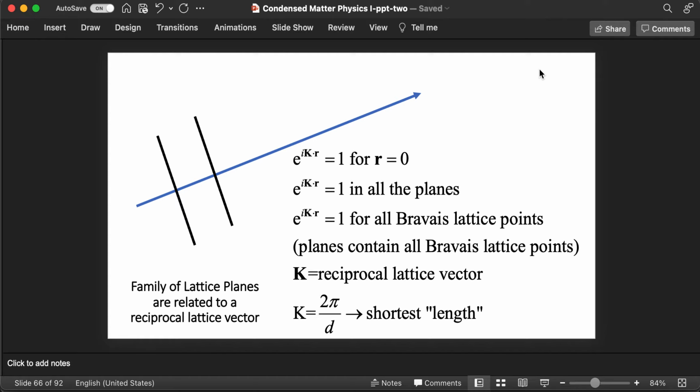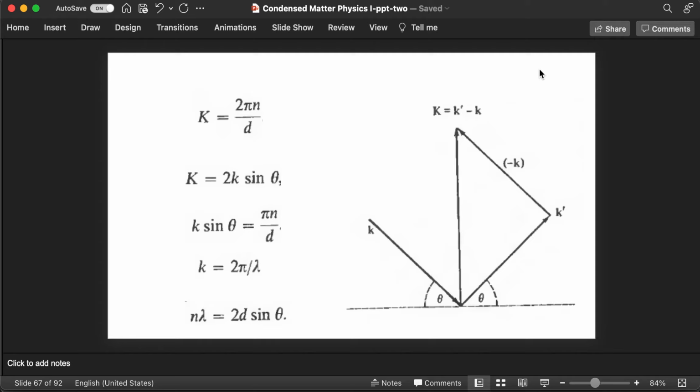So we will use that result here, and I can now say that the reciprocal lattice vector capital K has a magnitude given by some integer n times 2 pi by d. So 2 pi by d is the smallest length of capital K, but in general it can be an integer times 2 pi by d, and that also will satisfy the constructive interference condition.